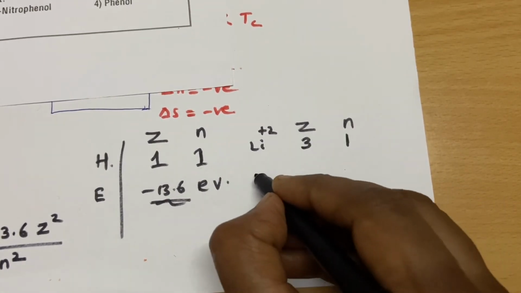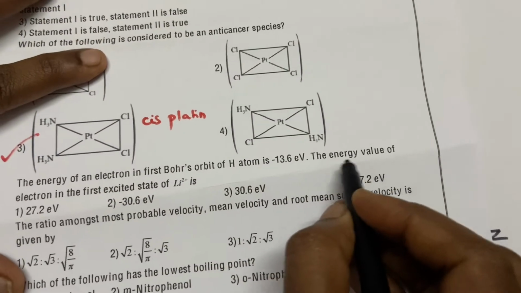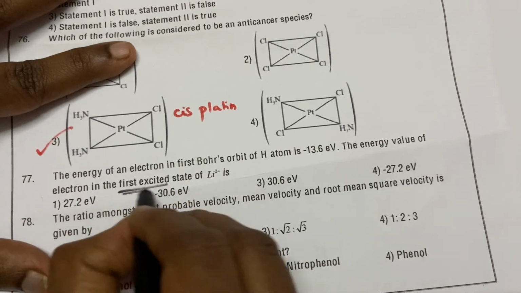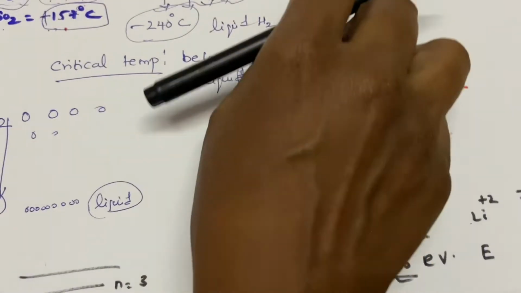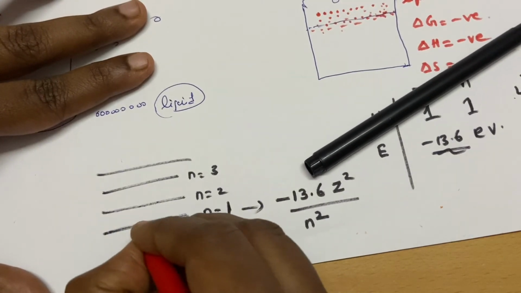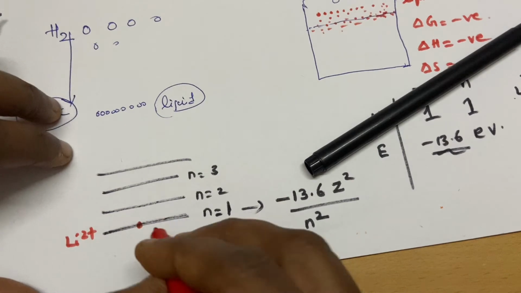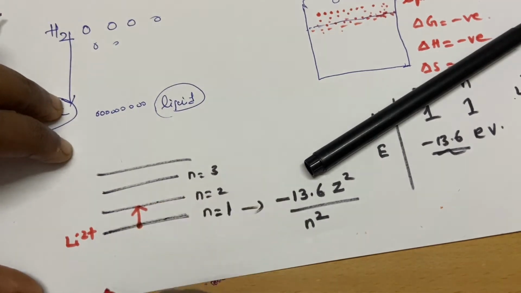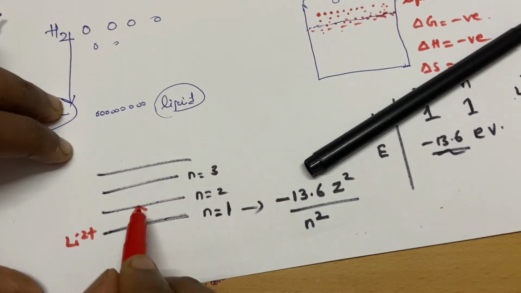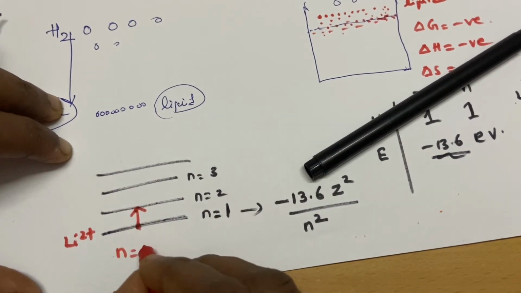But what they have asked is the energy value of the first excited state. What is the first excited state, students? This is your electron, and this is lithium 2+, since it has only one electron. In the first excited state the electron jumps to the next energy level. Now the n value has become 2.